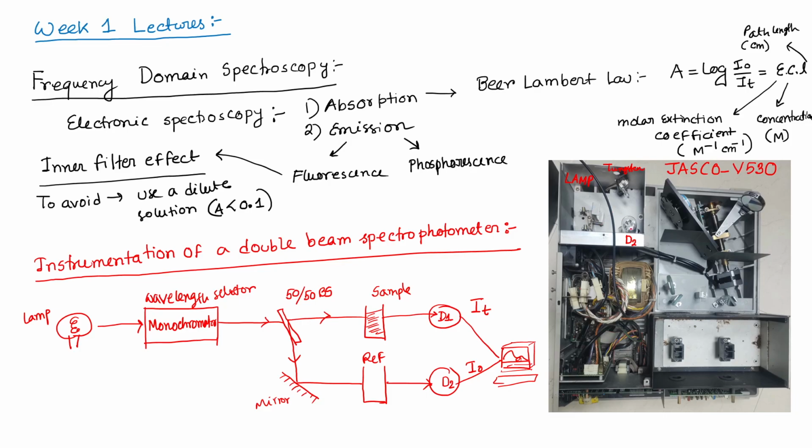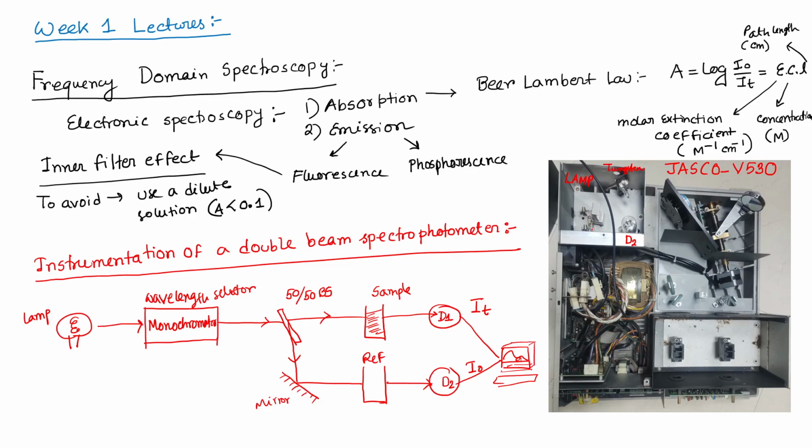This part emits the UV range, and this is the visible light source. The mirror will change automatically, set by the computer according to whatever wavelength we are selecting to excite with.